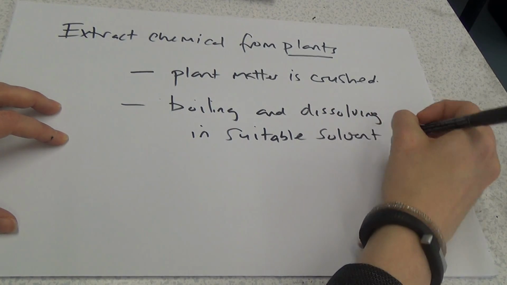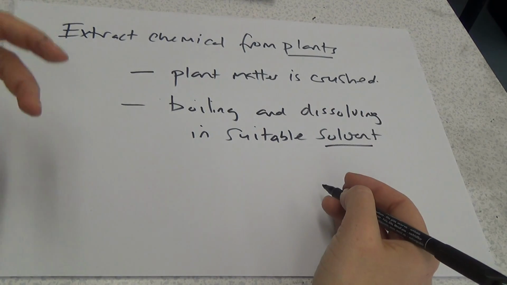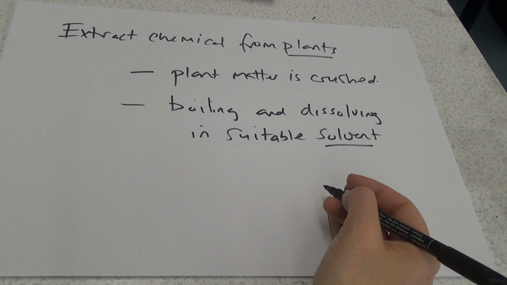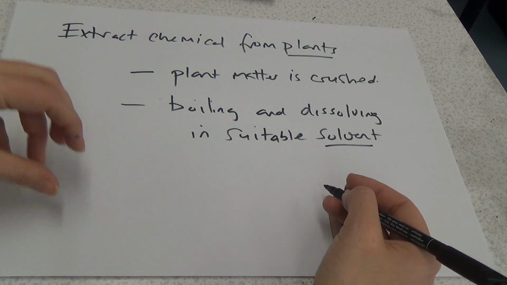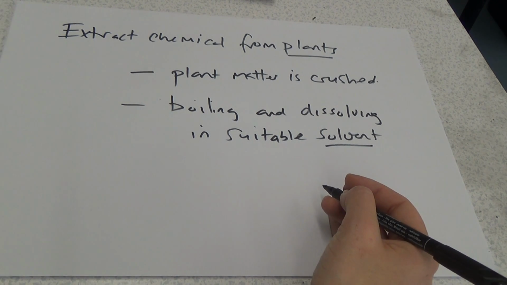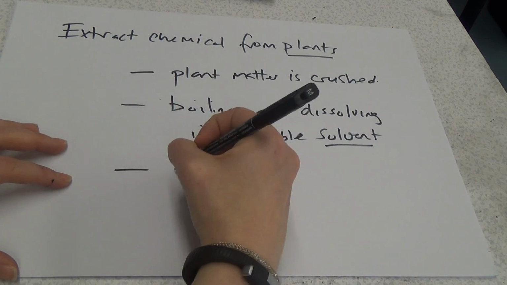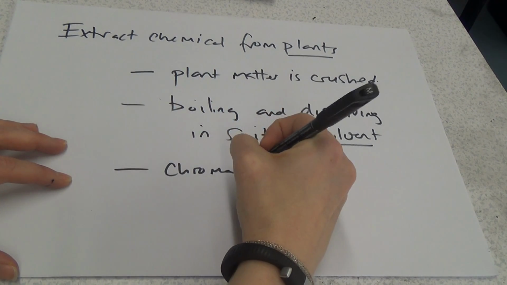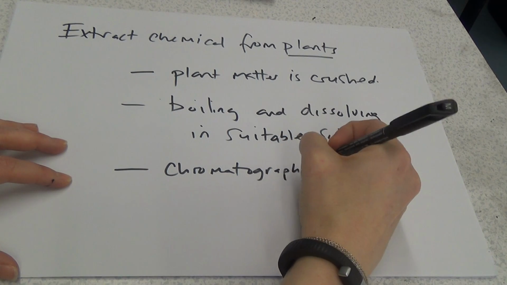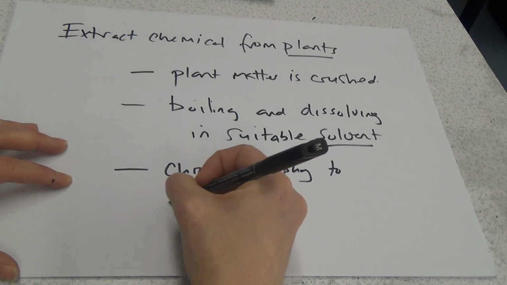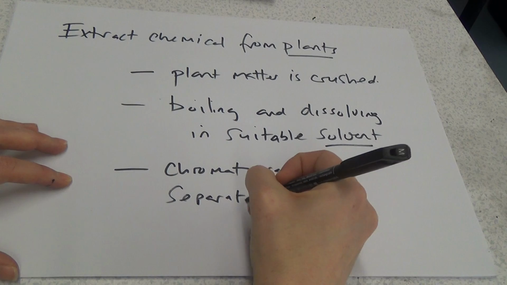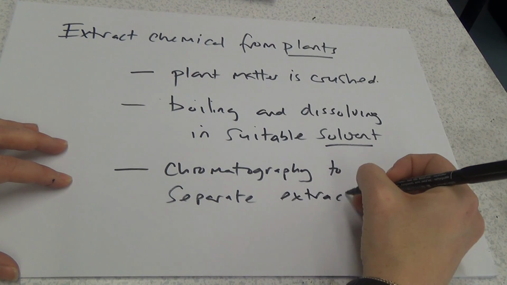Now, solvent, if you remember, is just a liquid that something will dissolve into. So you need something that is suitable for the plant matter that you are investigating. You can use something like chromatography to separate the extracted chemicals.